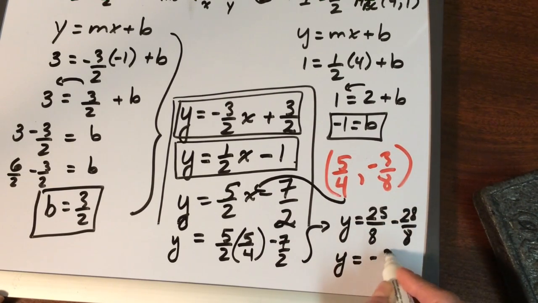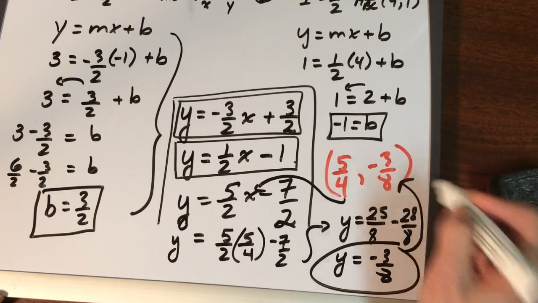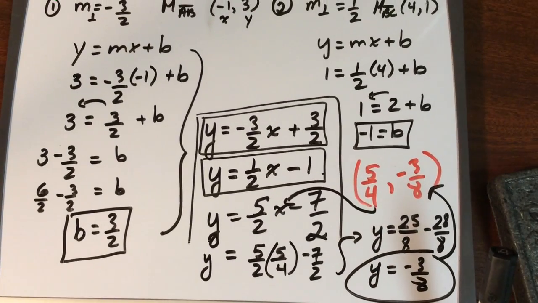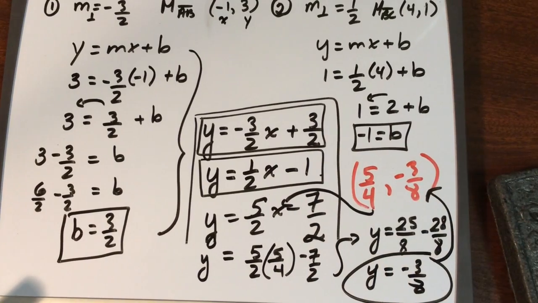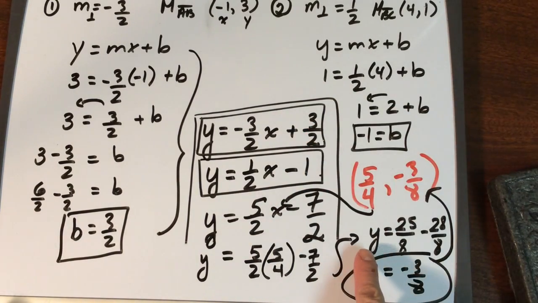So y is equal to negative 3 over 8. That's exactly what we wanted. So we know that our POI, our point of intersection, is correct because it satisfies these 3 equations. We solved it using 2. We checked it using the third one.